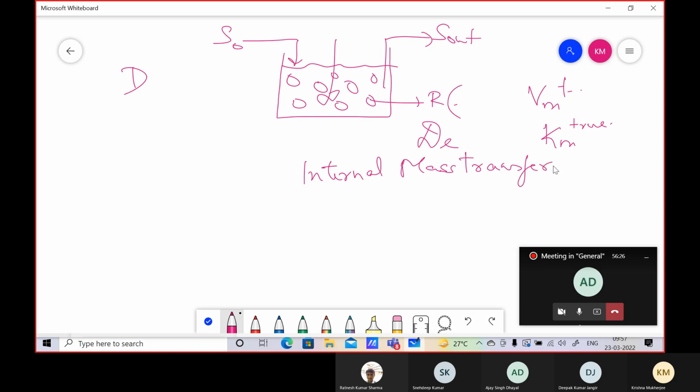Can you find out dE? Is this possible for you people to do, or shall we do it? Yes, we'll try, sir. Yes, try this data, and next class on Friday we will do this.